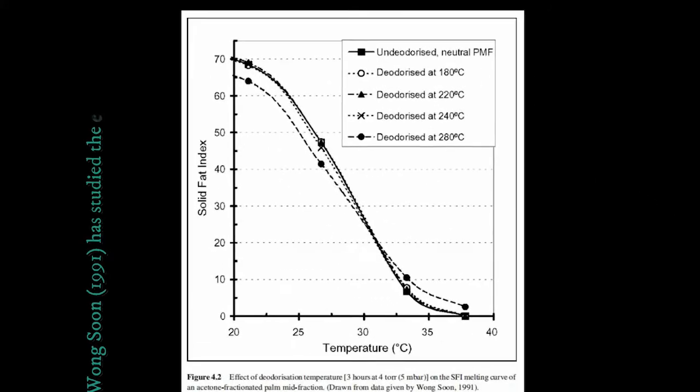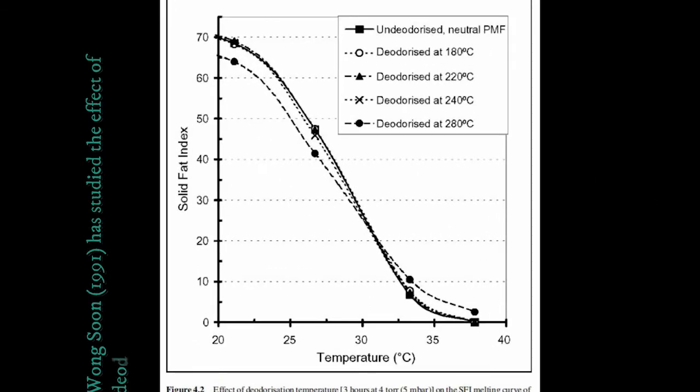According to Wonson 1991, he had studied the effect of deodorization on various SOS type raw materials. From figure 4.2, as we can see, 220 degrees Celsius again seems to be a critical temperature.